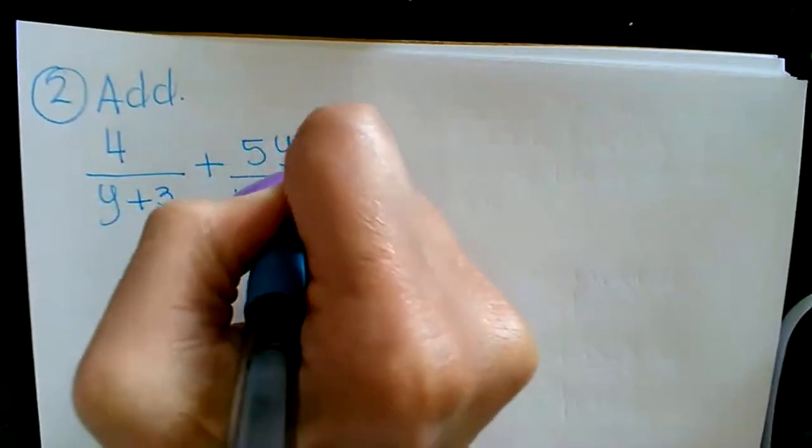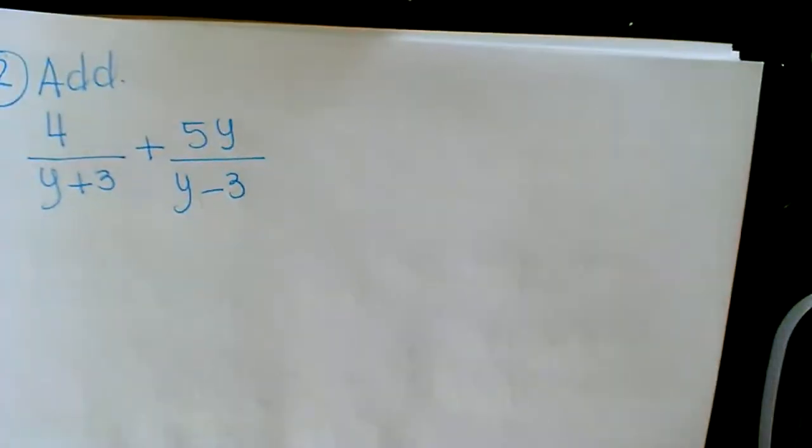We're going to do one more adding. This one says, we have 4 over y plus 3, plus 5y over y minus 3. Okay?